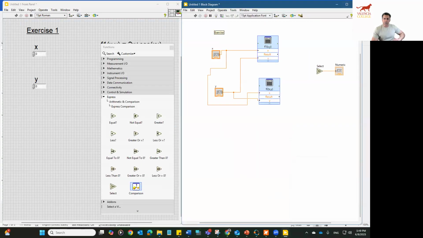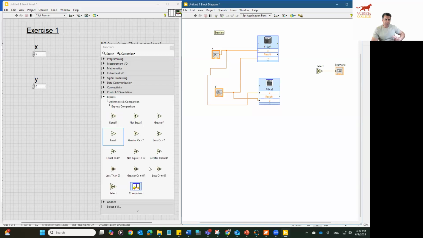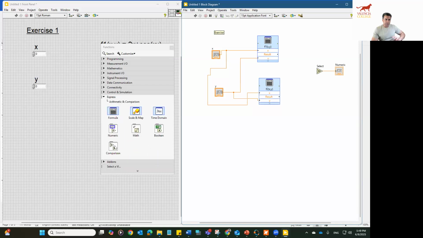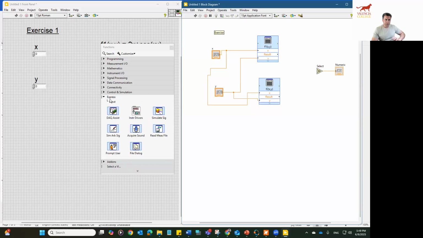So to do that, we can do two things. We can either manually control it. So first I'm going to put a switch to manually control it, as I'm showing you again in the tutorial.